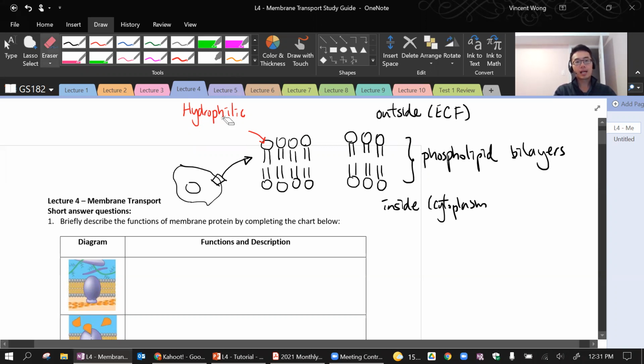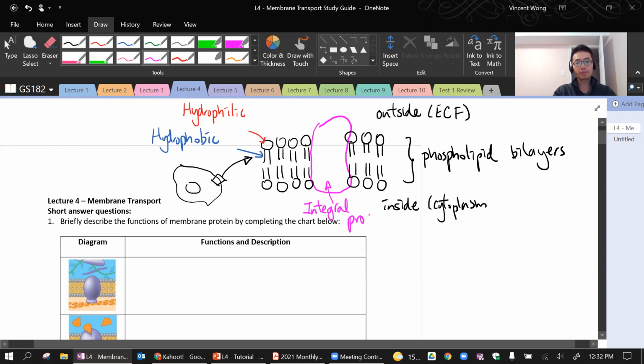Like I said, there is the hydrophilic head, which is a phosphate group, and then we have these tails. The tails are hydrophobic. That means they are afraid of water, and they are on the inside of the phospholipid bilayer. Every now and then you would have a protein that goes through the membrane. If it goes all the way through, we call this an integral protein.